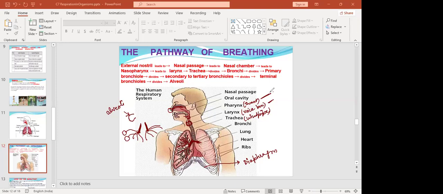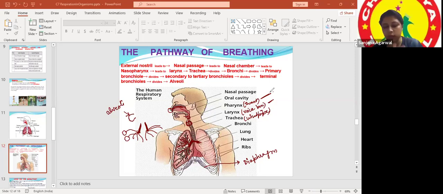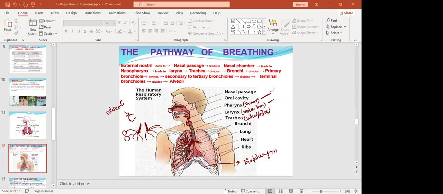Ma'am, alveoli is used to make the exchange of gases, right? Repeat your statement, Rohini. Were you asking something? Ma'am, can you please repeat?